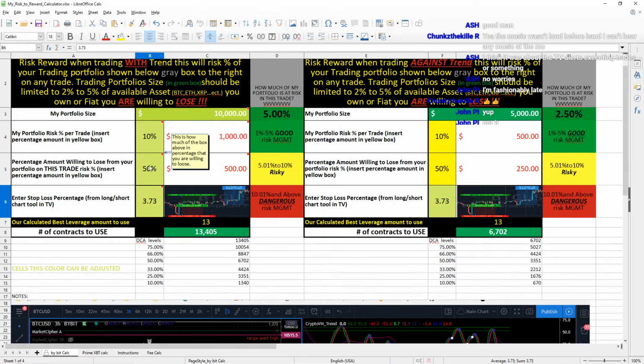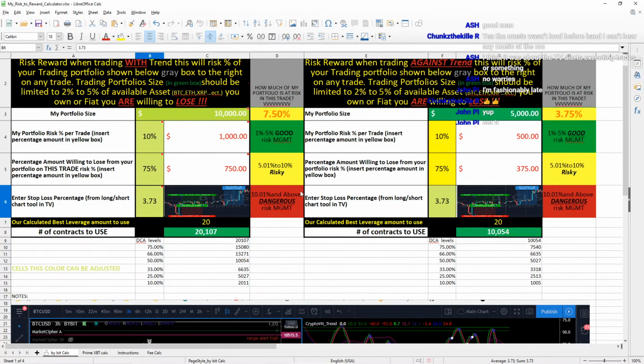Now, let's say you said, I'm going to risk 10% of my portfolio and I want to risk 75% of that 10%. As you can see up here, now it just told you that you've entered a risky trade because you are risking 7.5% of your portfolio. And once again, these are just general guidelines.